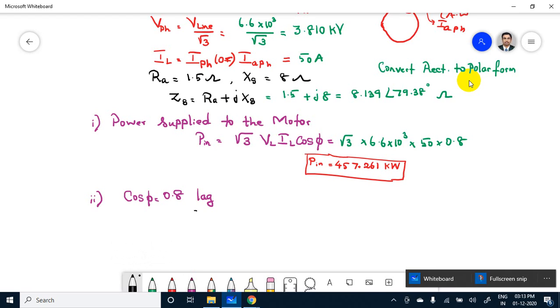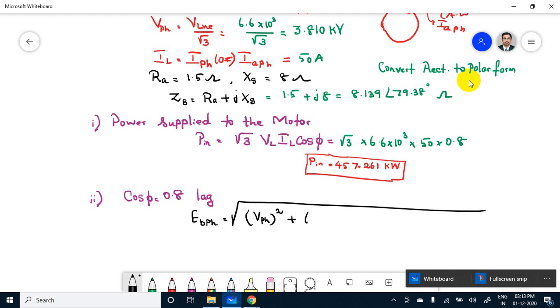EB, induced EMF, EB equals root of V phase square plus ER phase square minus 2 V phase ER phase cos of theta minus phi. Yes, lagging means theta minus phi.